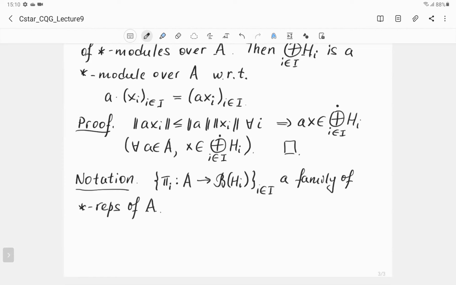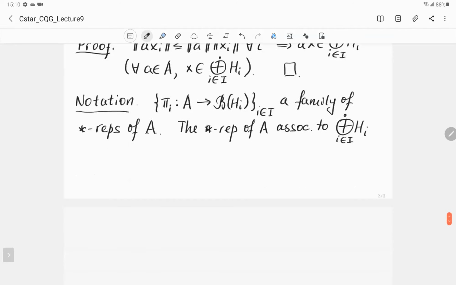And the respective star representation of A associated to this module is called the Hilbert direct sum of our family of representations.